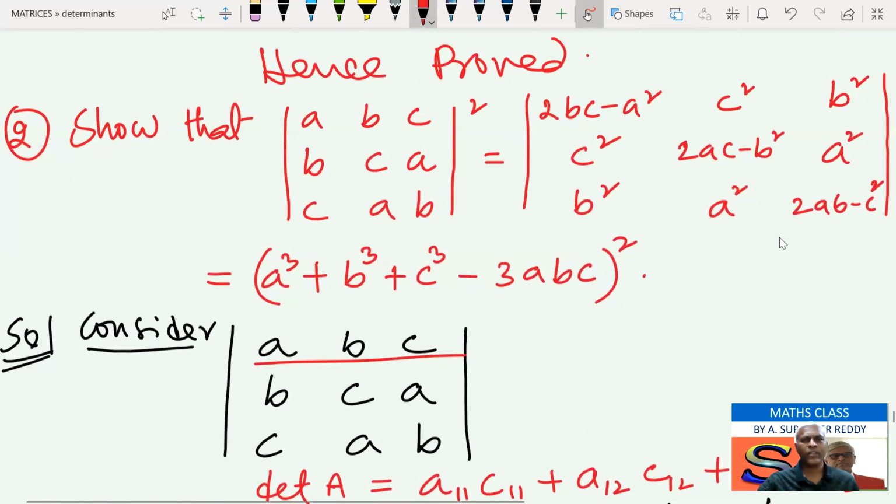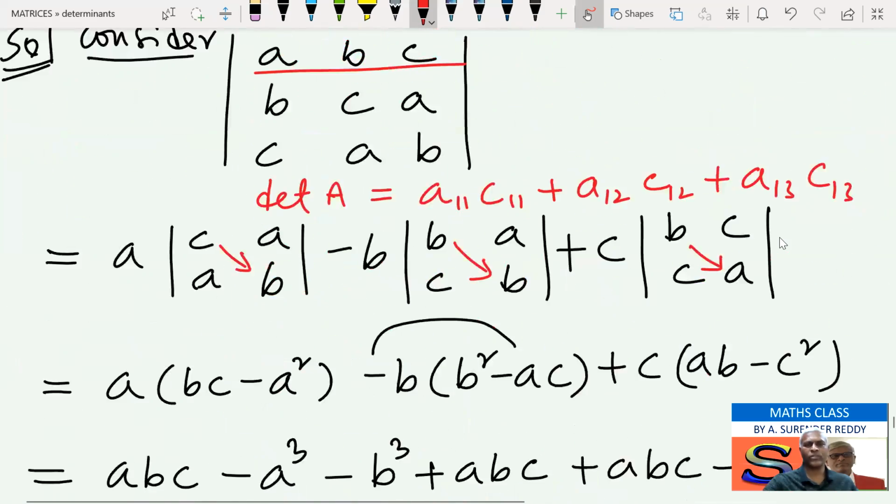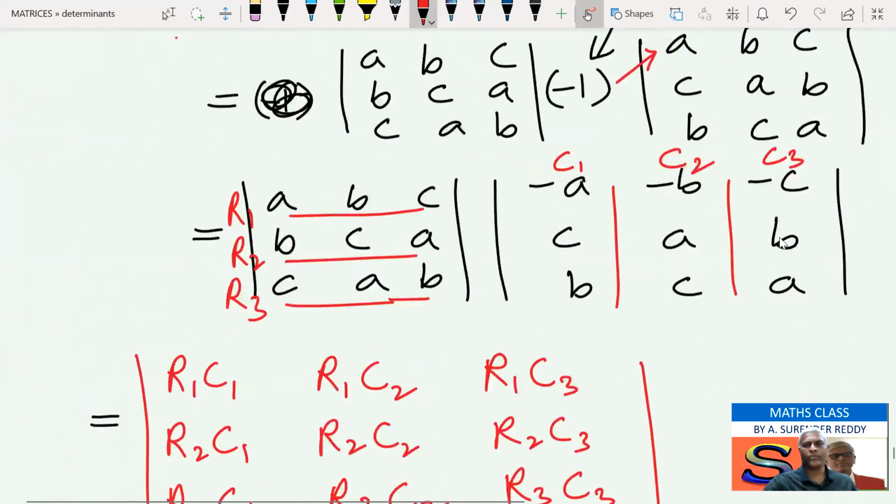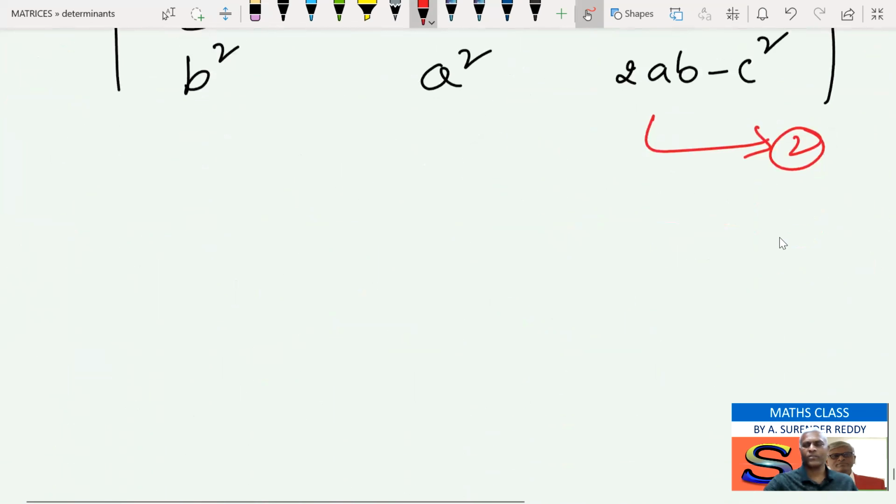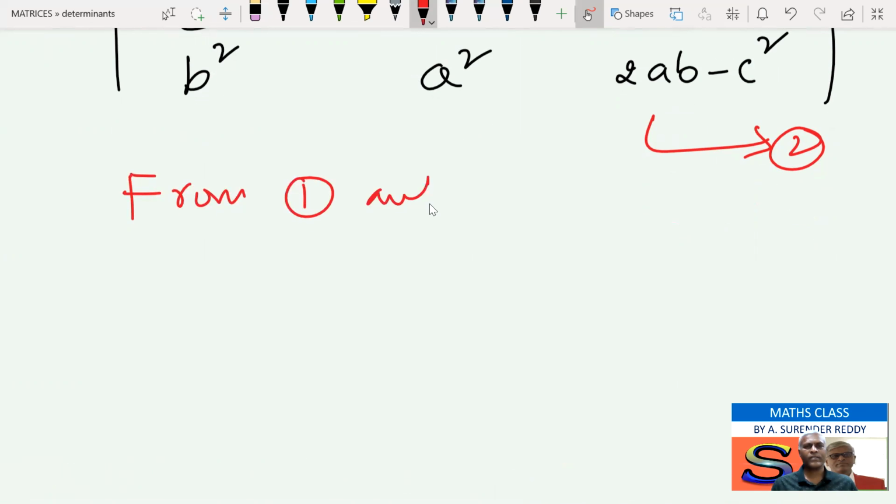We have to show that the determinant squared is equal to this, and this is equal to A cube plus B cube plus C cube minus 3ABC, whole square. So from 1 and 2, it is proved.